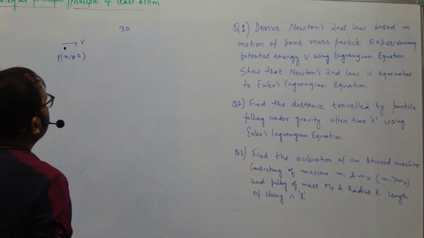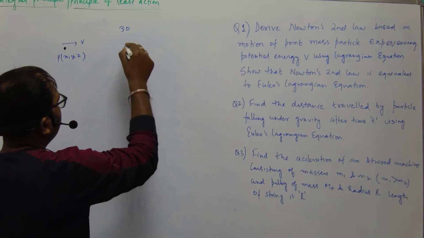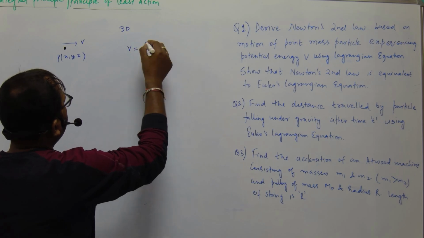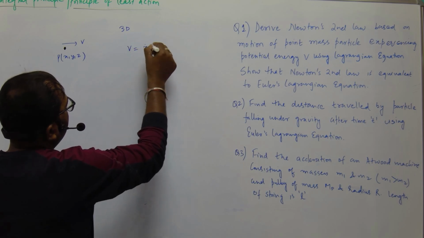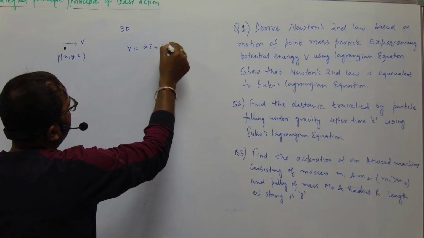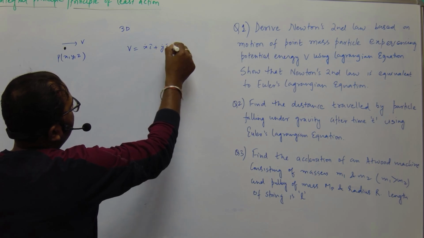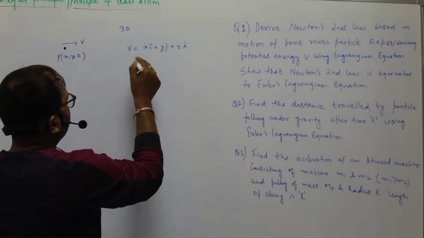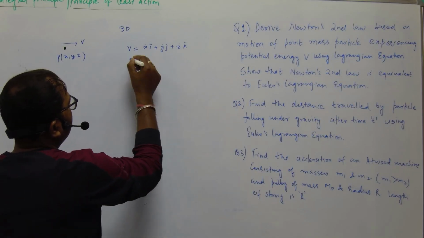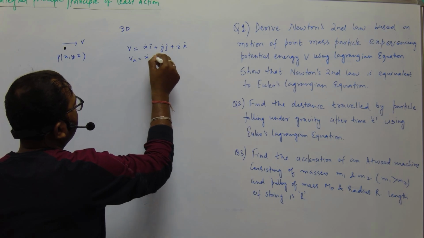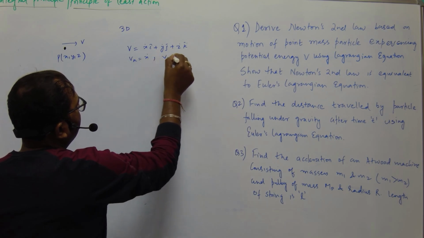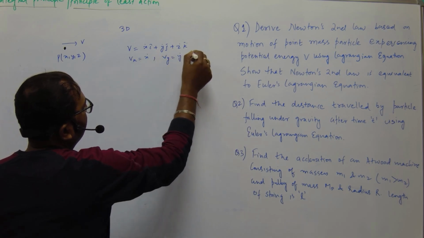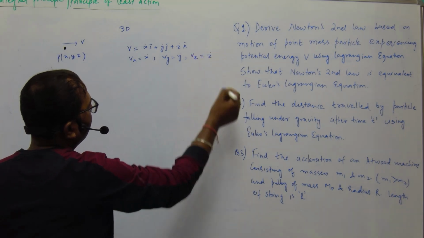This particle is moving with velocity v, so v can be written as x dot i cap plus y dot j cap plus z dot k cap. Here x dot is the velocity along the x direction, so vx is equal to x dot, vy is equal to y dot, and vz is equal to z dot.